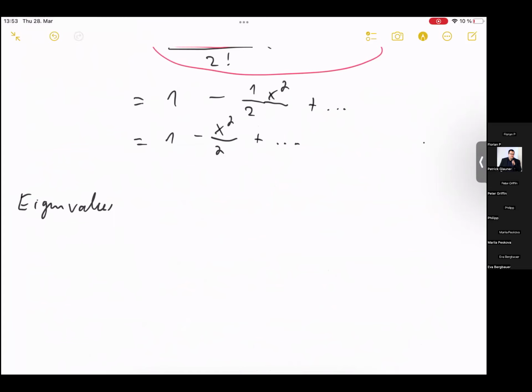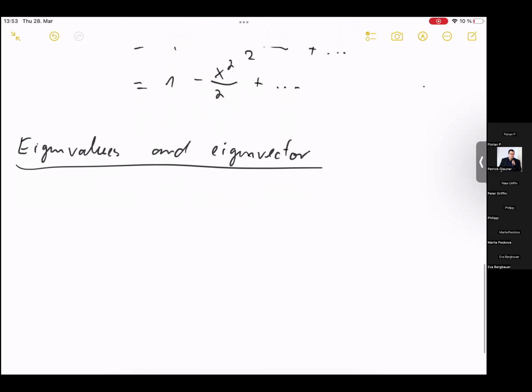eigenvalues and eigenvectors of a matrix. We have a matrix A, which is an n times n matrix. And it may have multiple eigenvectors and eigenvalues.